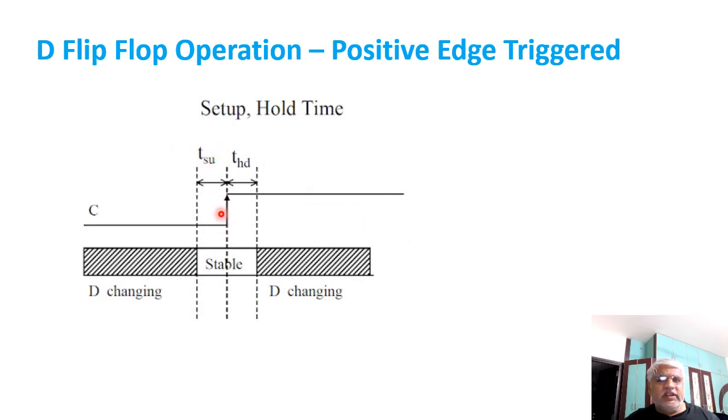So the data has to be stable before the clock trigger, and the data has to be stable for some more time so that the data is properly captured. During this time the data can be changing, and once the data has been captured properly, after this time also data can be changing. Yeah, that is about the setup and hold time.